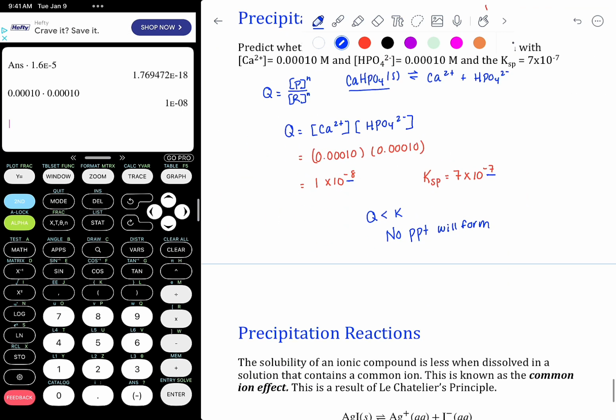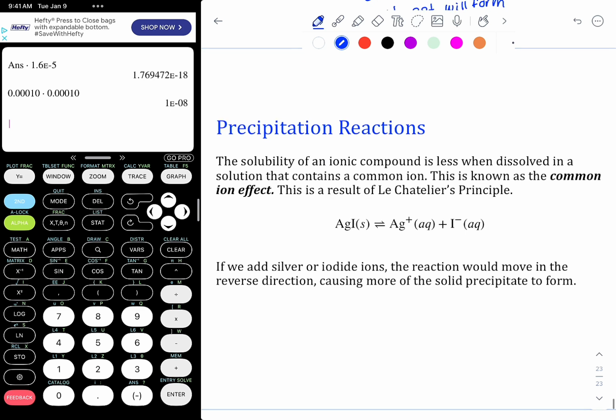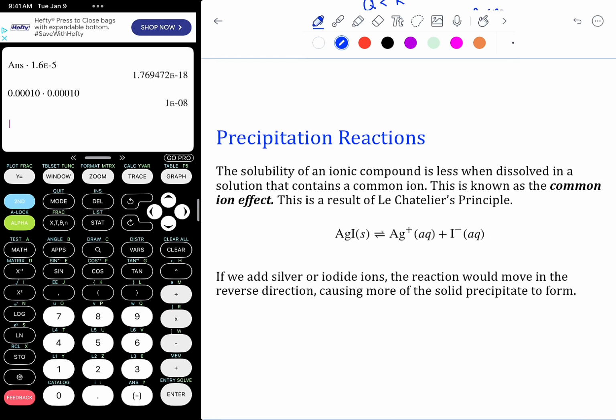Finally, I want to just bring up something that we discussed at the beginning of this chapter and relate it to what we're talking about here. So we talked about the common ion effect right at the beginning of the chapter, and we talked about it more so in the context of acid-base reactions.